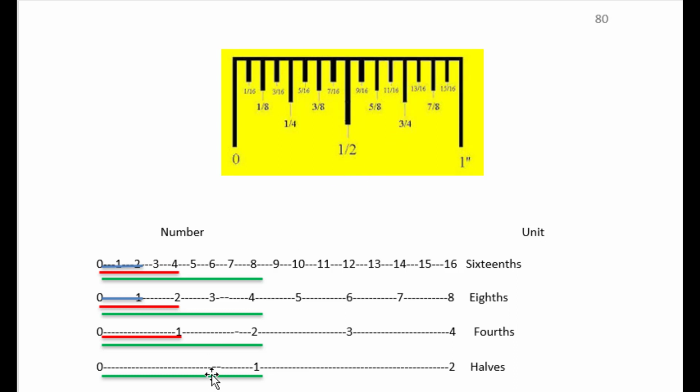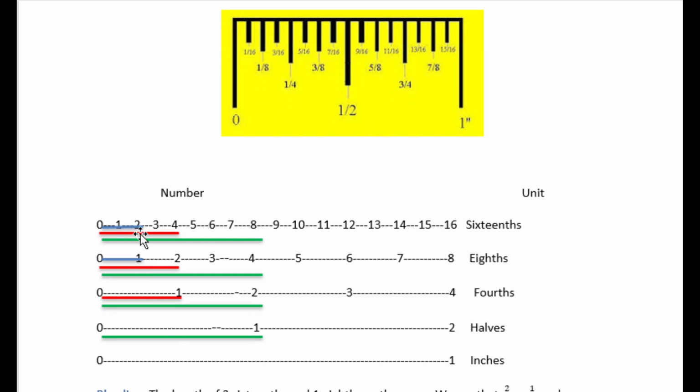So when we do that, we get the blue ones here, right? So what this means is that 2/16 is the same as 1/8. And the red lines are saying 4/16 is the same thing as 2/8, which is the same thing as 1/4.